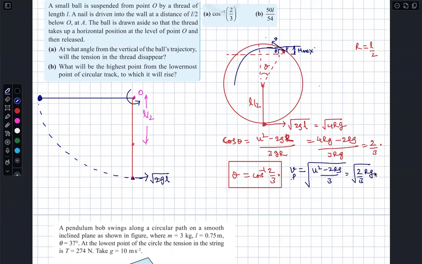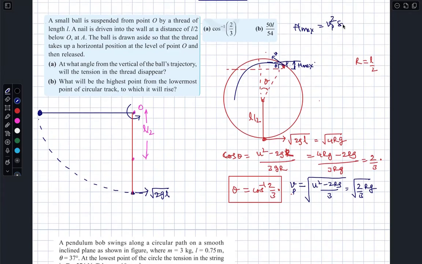You know the velocity. So what is H max? H max is Vp square sin square theta by 2g. But you don't know sin theta. If you know cos theta is 2 by 3, what is sin theta? Root of 9 minus 4, root 5.